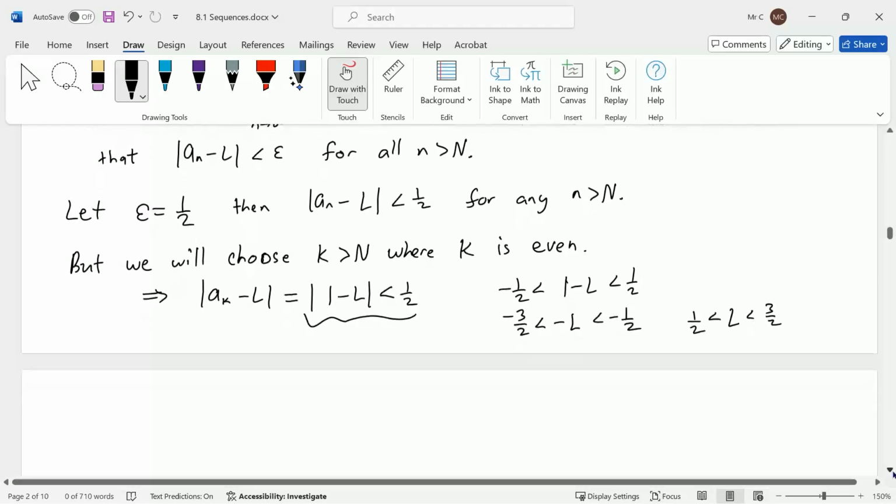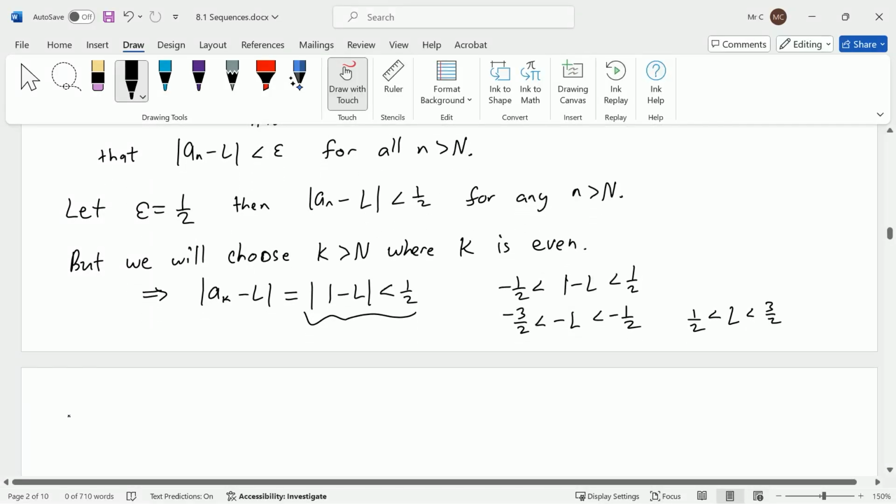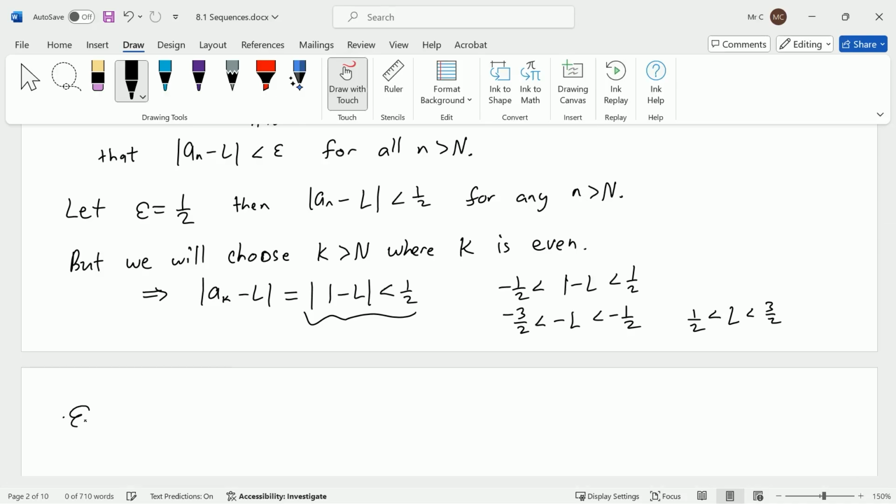But this also implies that a sub k plus 1, right? If k is an even number, k plus 1 is an odd number, so my a sub k plus 1 term is going to be negative 1. So this will be negative 1 minus L. This should also be less than 1/2 in absolute value, which implies negative 1 minus L is between negative 1/2 and 1/2.